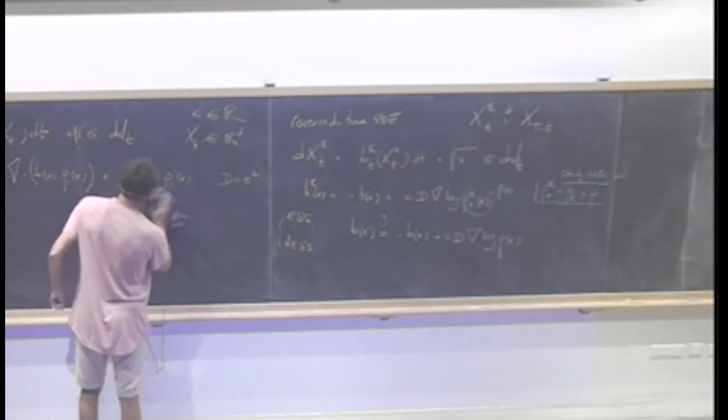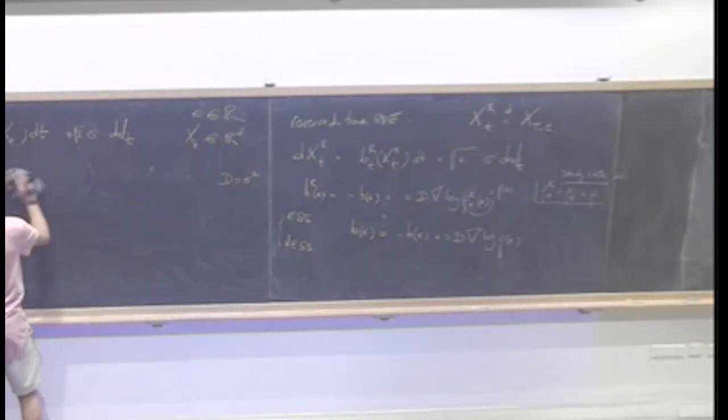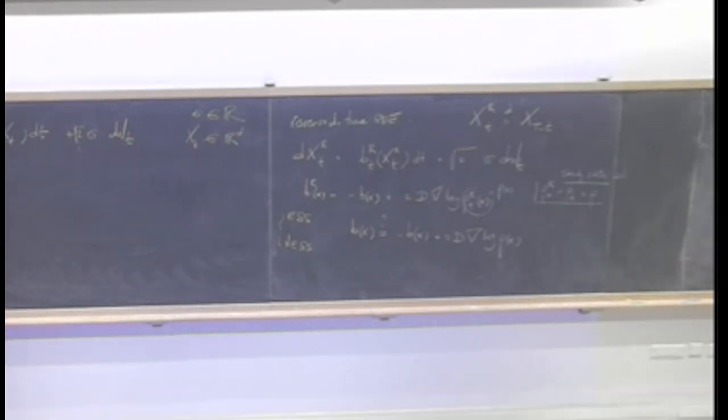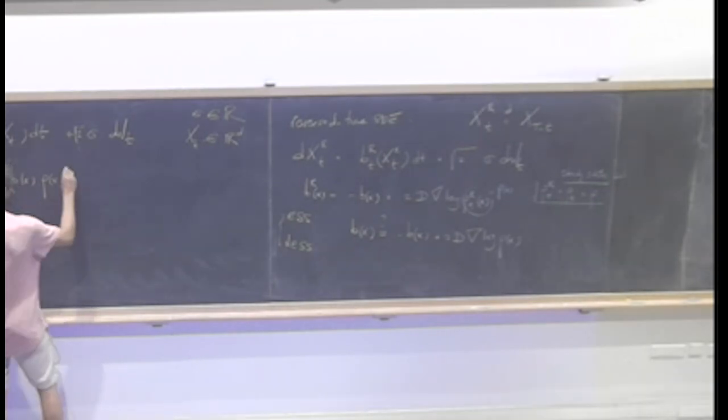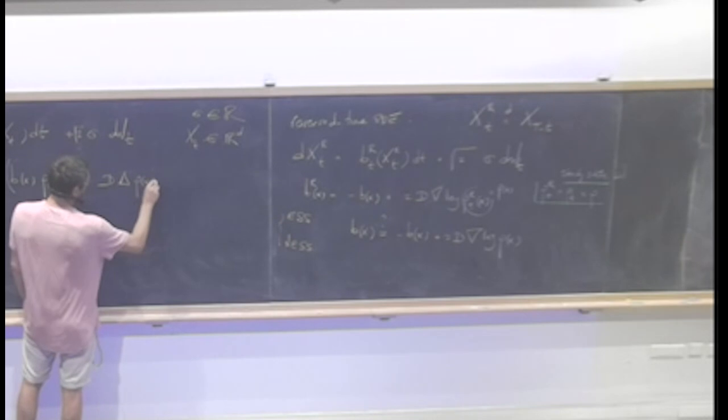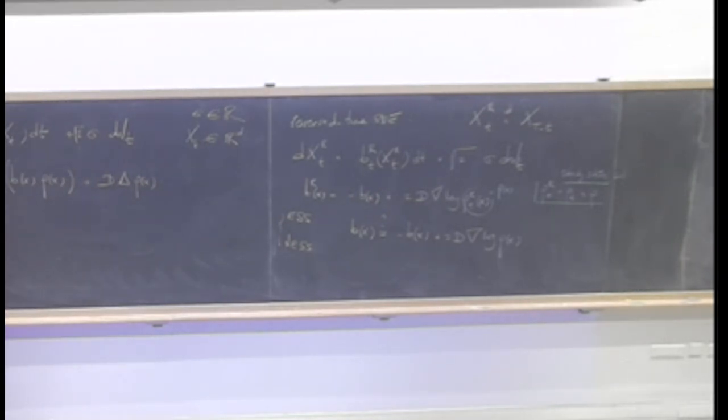Let me erase this. I have to rewrite that. I should not have erased it, I'm sorry. So this equation can also be written as minus the gradient of a current equal to 0.